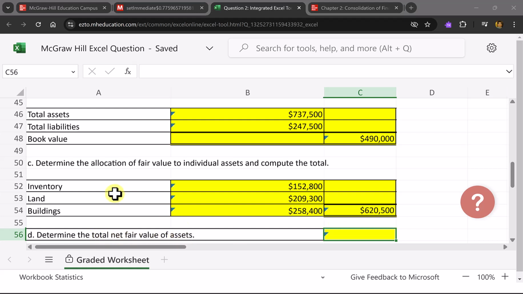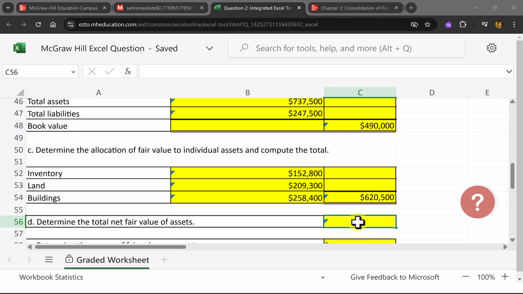This is just the three assets. We're still missing cash and equipment, and also subtracting out the liabilities for Mason. So we need a different formula here. So let's start off by adding the book value, net book value, plus the increase in fair value.